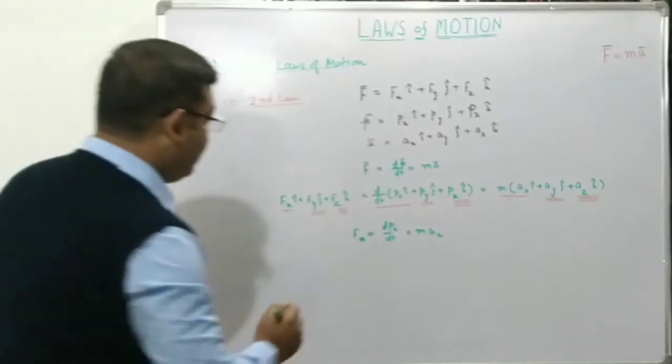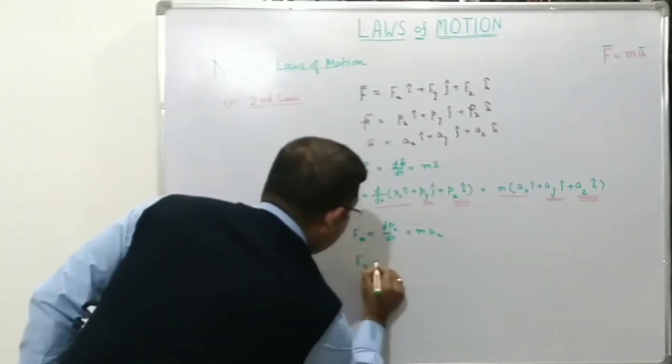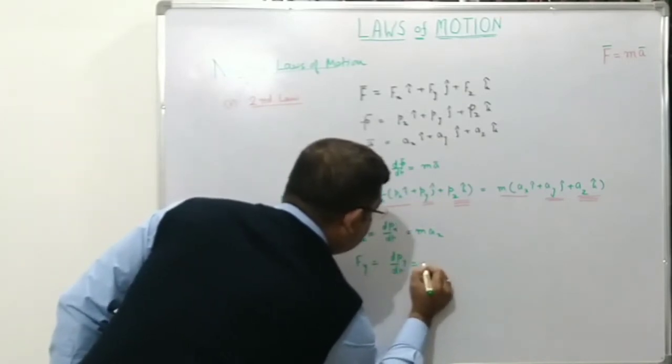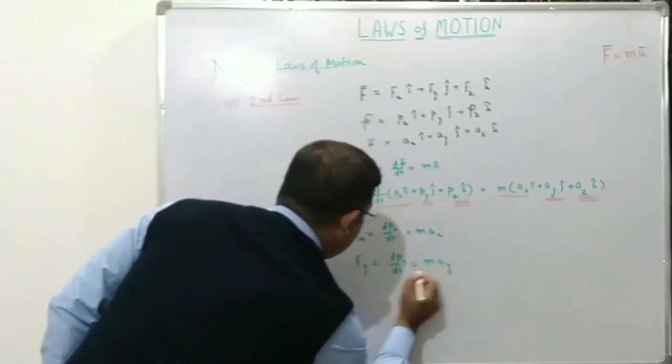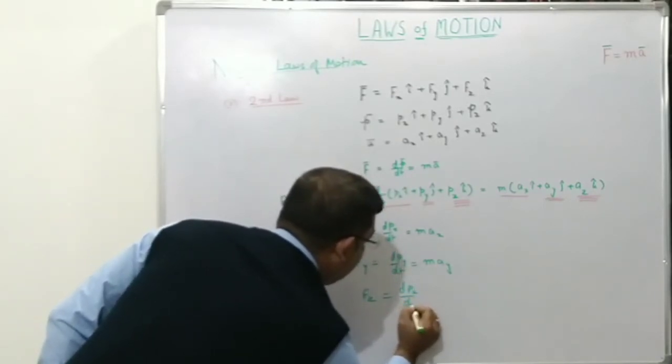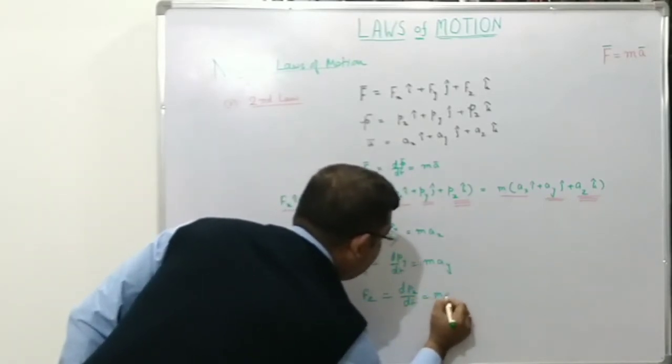Fine. Similarly, Fy equals dpy by dt, equal to may, and Fz equals dpz by dt, which is equal to maz.